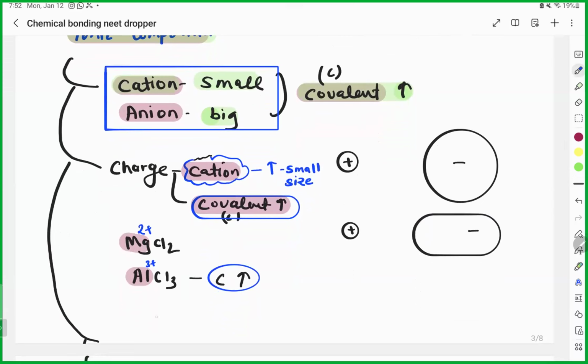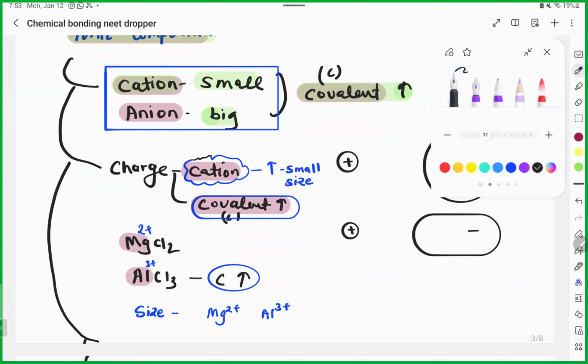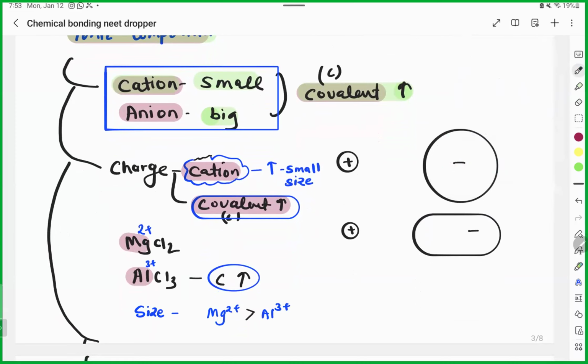If you compare the size, Chandana, of magnesium 2 positive and aluminium 3 positive, which one is bigger? So magnesium 2 positive is bigger. It means aluminium is smaller.